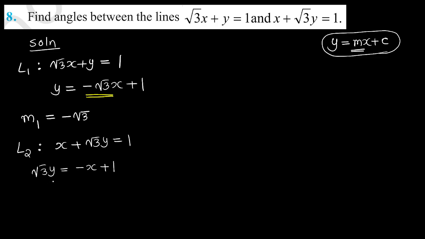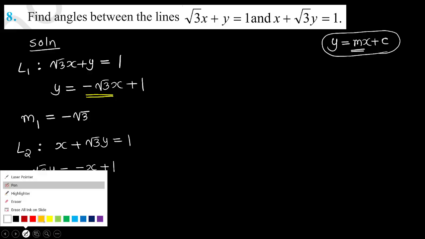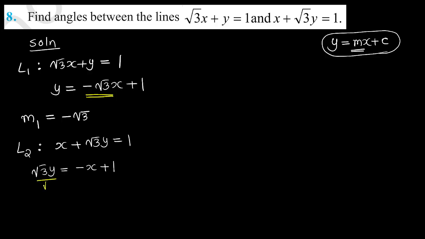I want y only, so you do one thing. Divide each side by root 3, because I don't need the root 3 on y. Dividing the left side and right side by root 3, the root 3 cancels, and I will get y equal to minus 1 by root 3 x plus 1 by root 3.